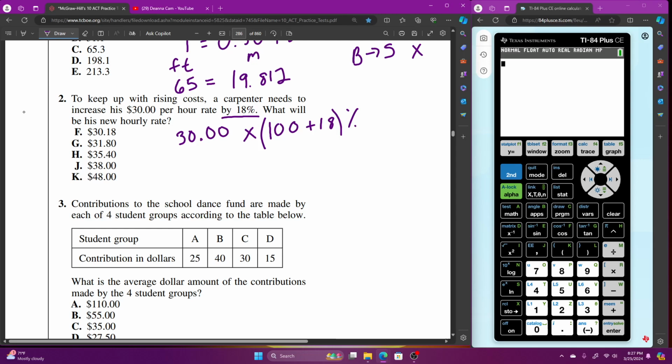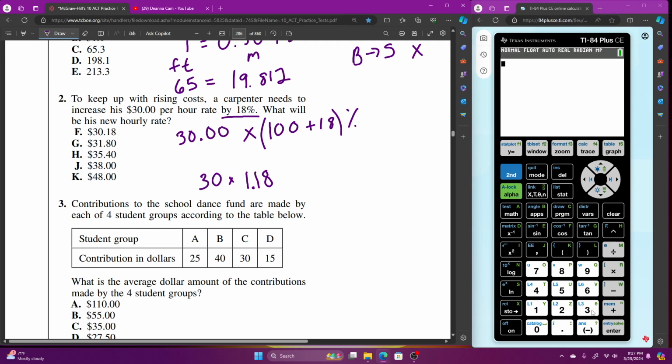That's a pretty large increase in pay. I've never worked at a job where doing the same job I got an 18% increase in pay. So that's going to be $30 times 118, and we want to make this a percent. When I'm thinking of that, I think of percent to cents, so that'd be 118 cents. So I'm putting a decimal here. You might have another way that you remember, or you take this 118 divided by 100.